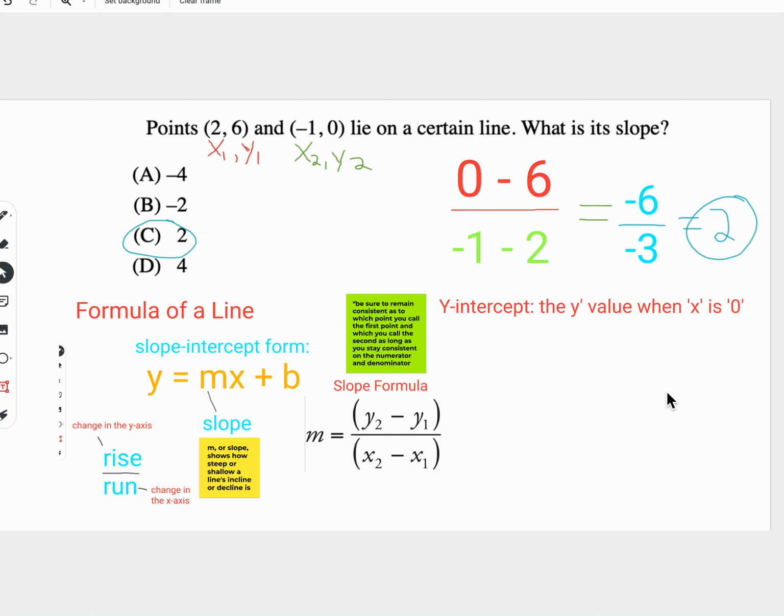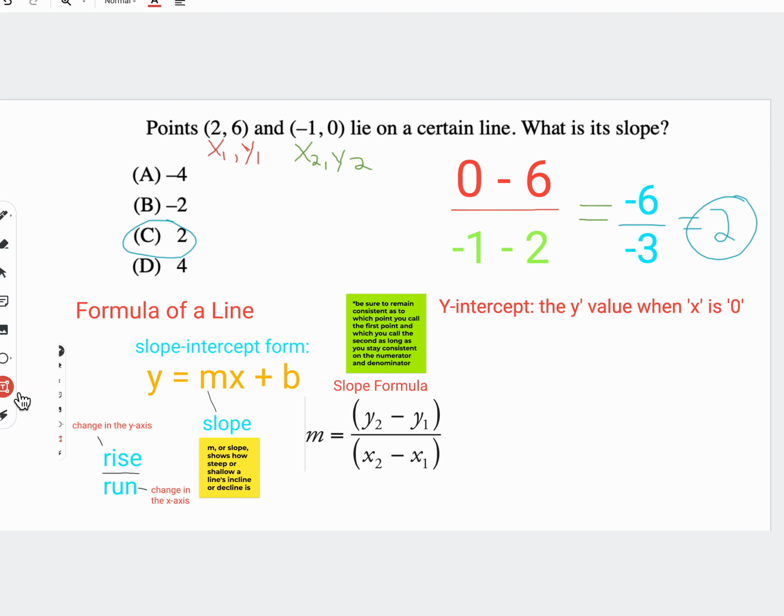You can find this point if you know the slope and any one point. So in our previous example here, the slope is 2. And we already know 2 of the points.